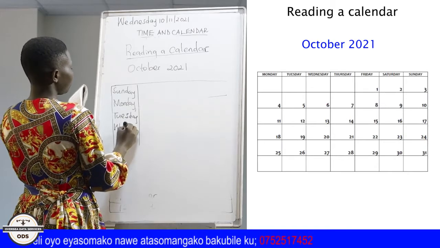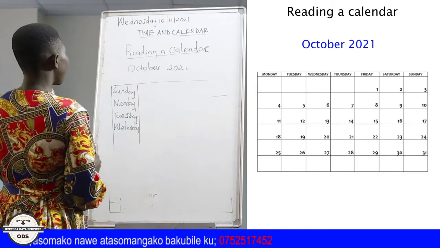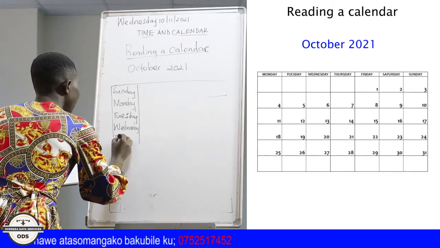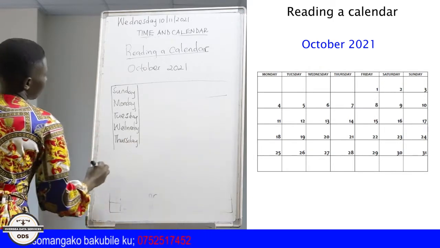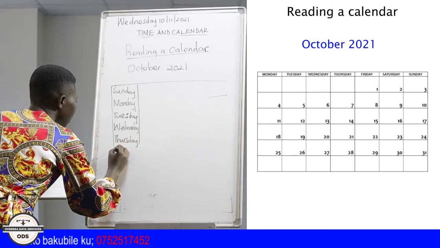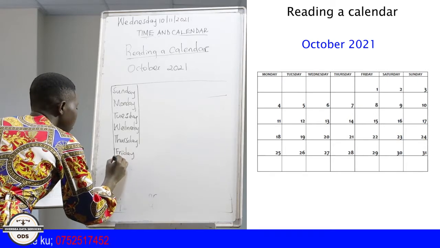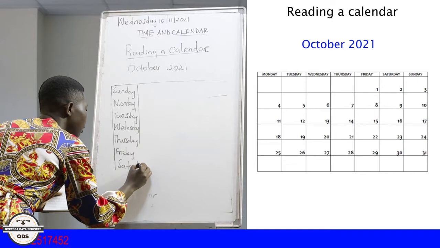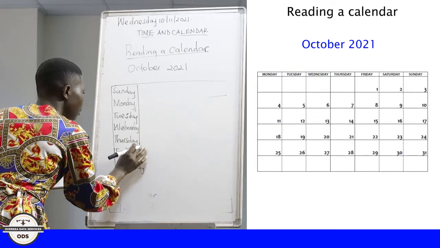Wednesday is the fourth day of the week, and we have Thursday here. Then Friday, and lastly Saturday.